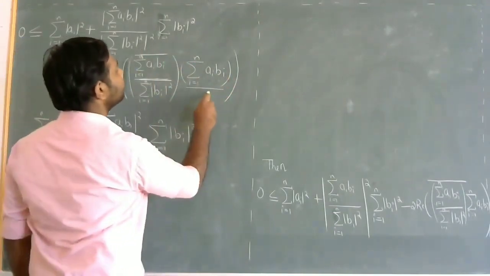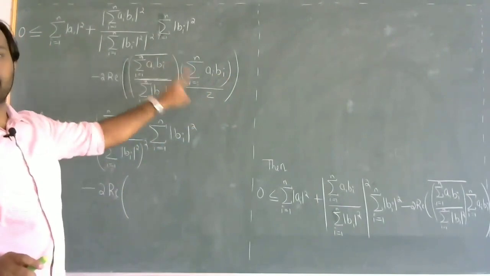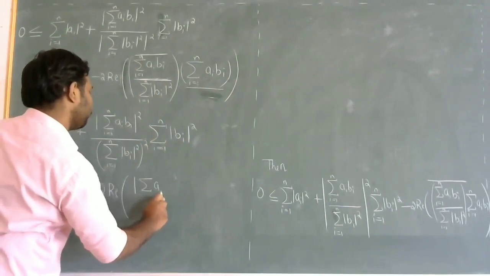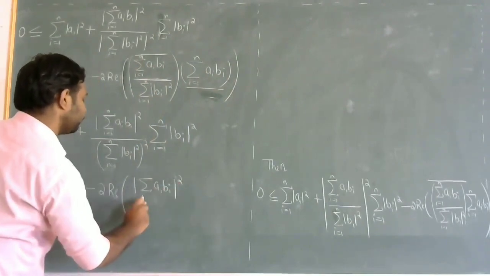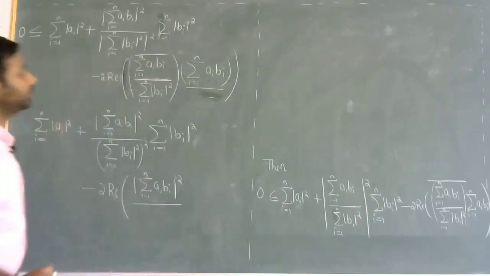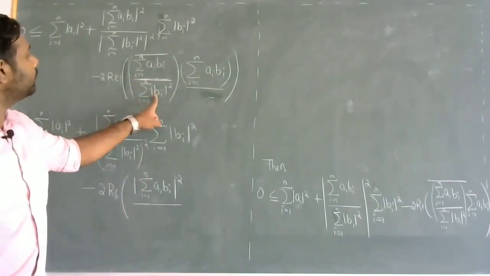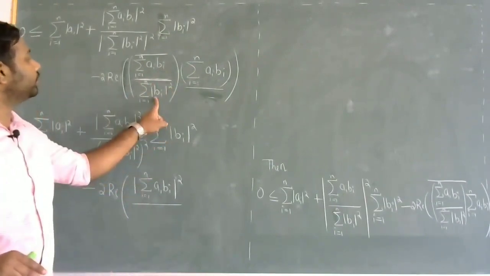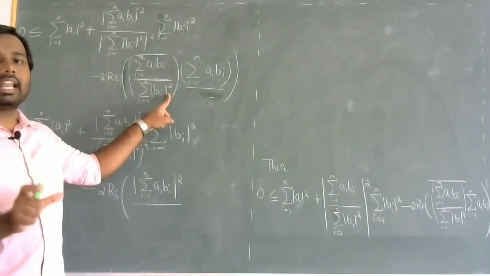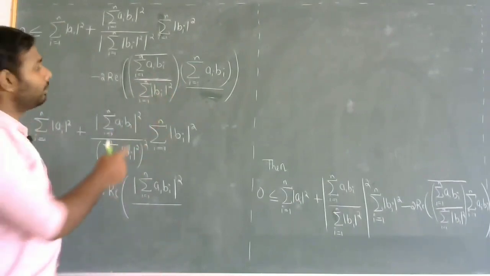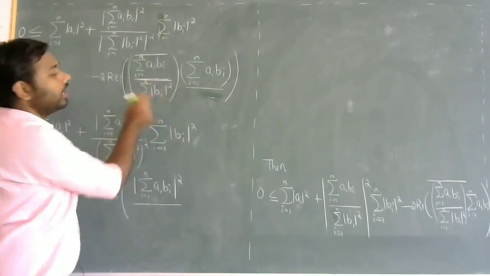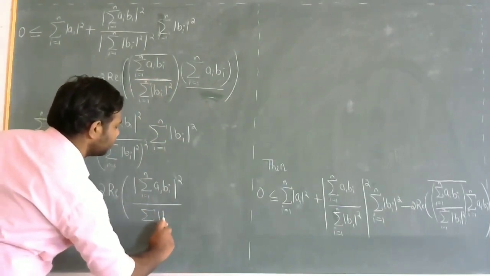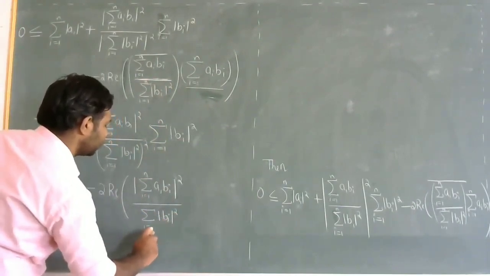That means if I take this as z, here we have z bar. So z into z bar is modulus of z whole square, that is modulus of summation ai bi whole square, divided by summation modulus of bi whole square bar. You can observe each term in the summation is a modulus value, that is, it is a real number. So a sum of real numbers is again a real number. We have the conjugate of a real number, and the conjugate of a real number is itself. So it is summation modulus of bi whole square itself.